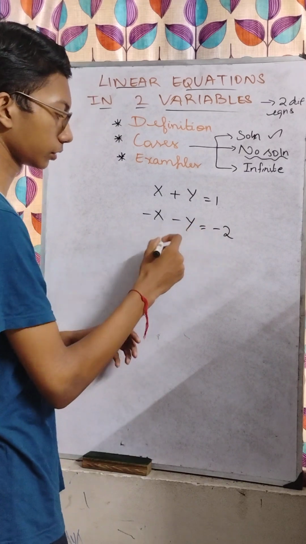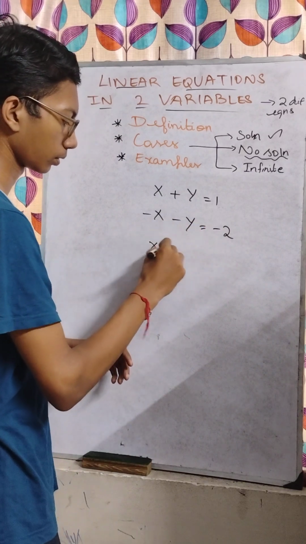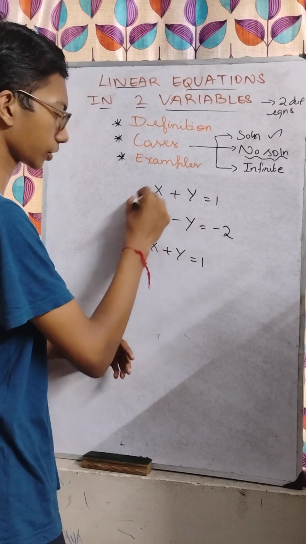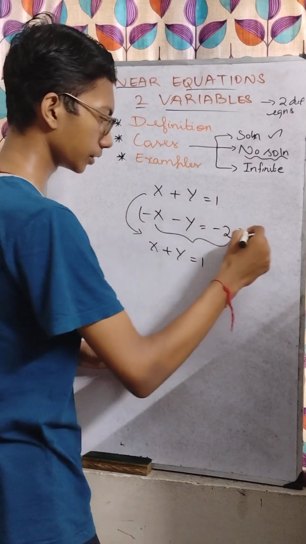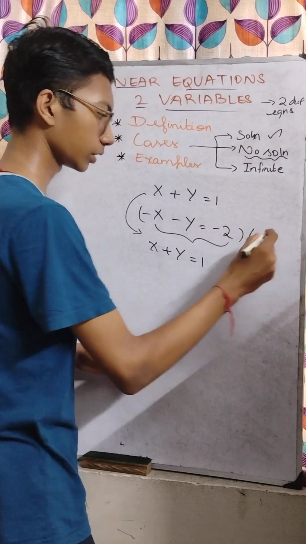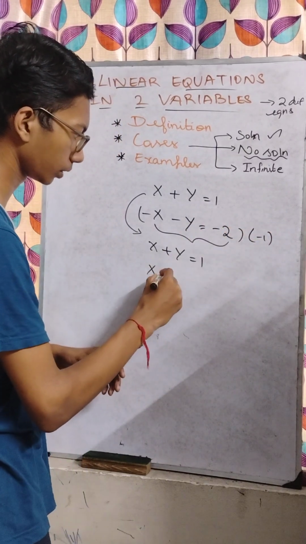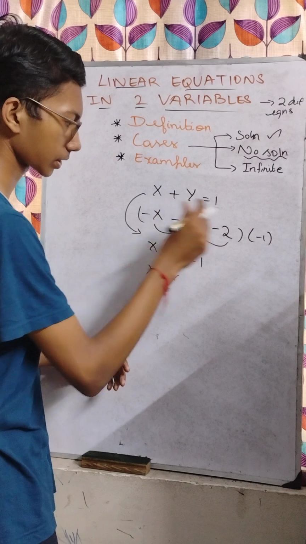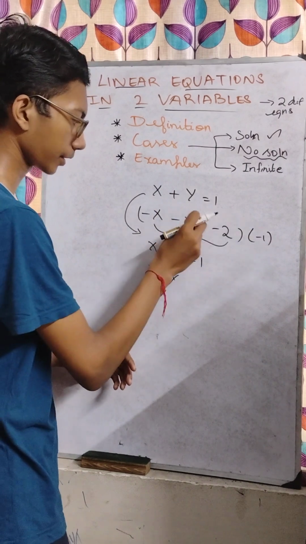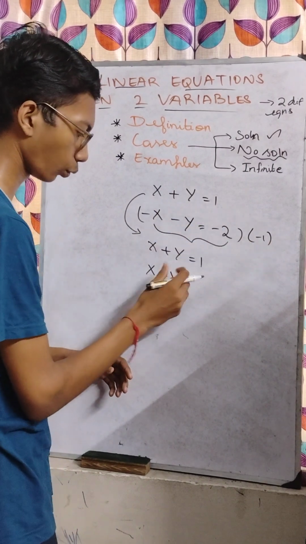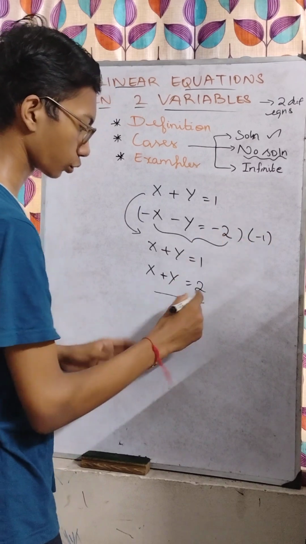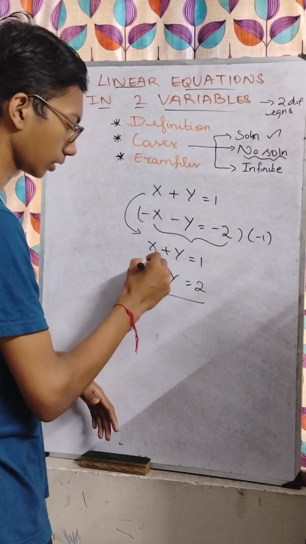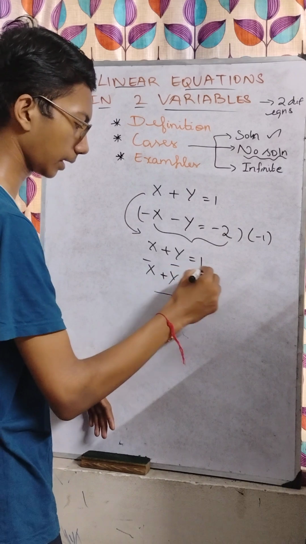If we have to solve this, we can first just copy the first equation. Now what we can do with the other is multiply it by minus 1. If we do that, we get minus x minus 1 times y, minus 2 times minus 1 gives 2, so x plus y equals 2. Now let's subtract the equations.